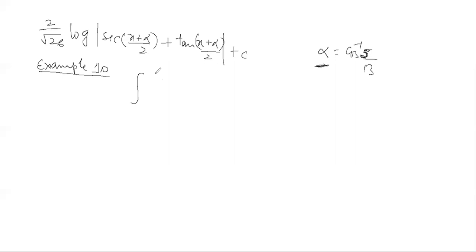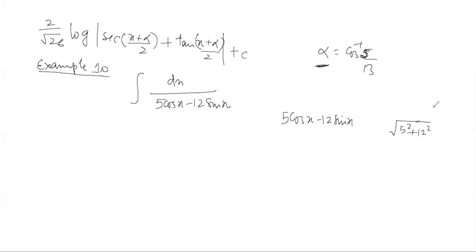Okay. The question is find the integral of 5 cos x minus 12 sin x. What will we do? The first step, taking the value 5 square plus 12 square, which equals 13.